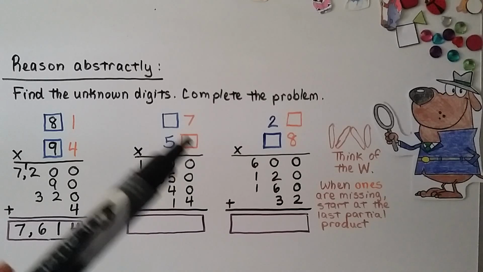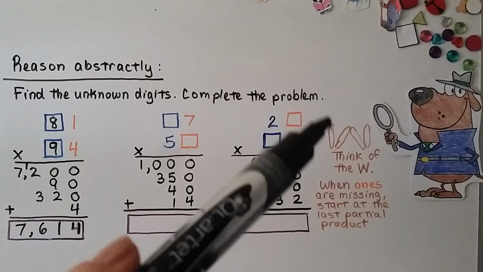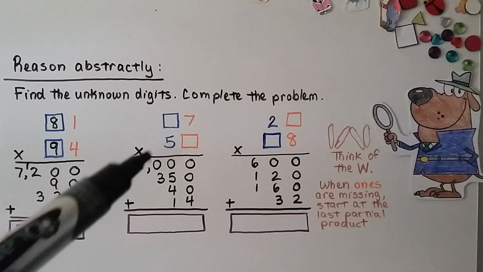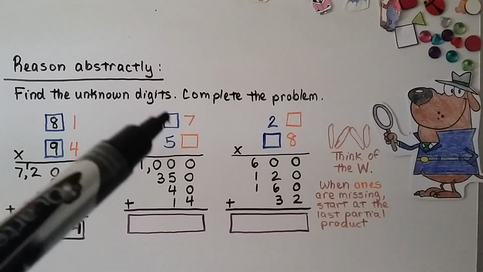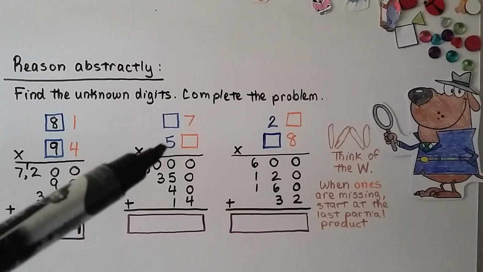Now look at this one. Look at these 2 digits are missing. We know, thinking of the W, that we're supposed to multiply these first, and whatever they are, they're going to give us 1,000. So 50 times some multiple of 10 is equal to 1,000. If that's too hard to think about, let's go to the next one.